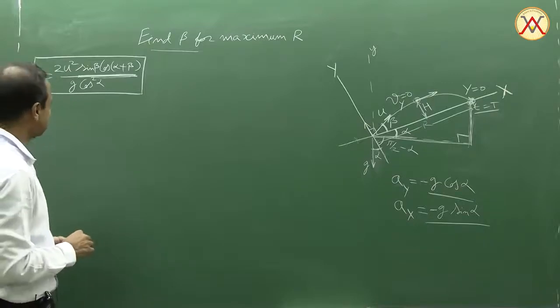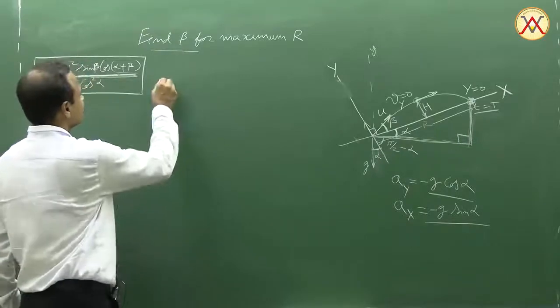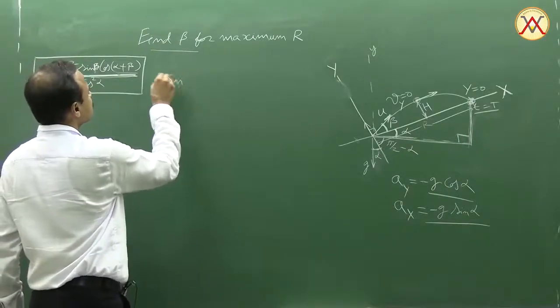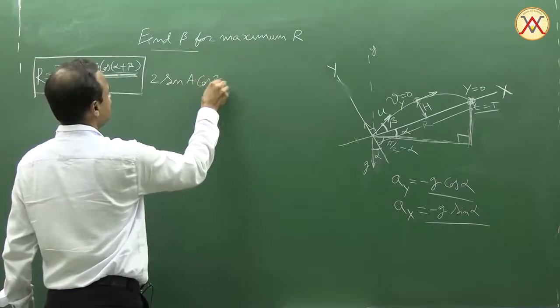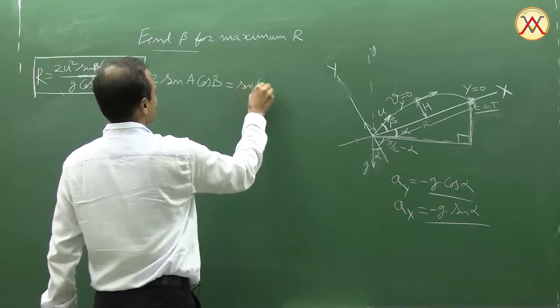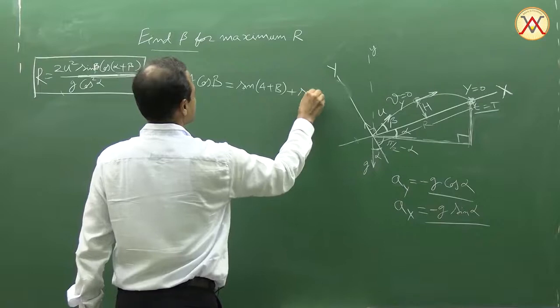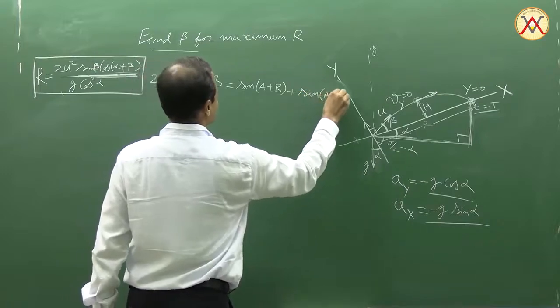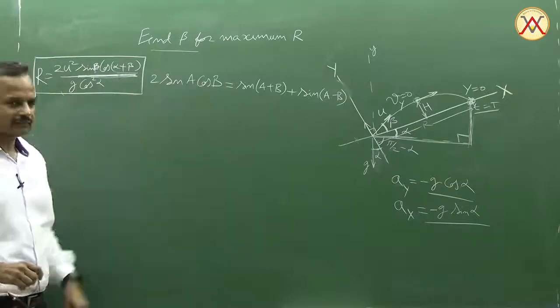The formula that I will be using is: 2 sine A cos B is equal to sine of A plus B plus sine of A minus B. So this is a standard result of trigonometry.